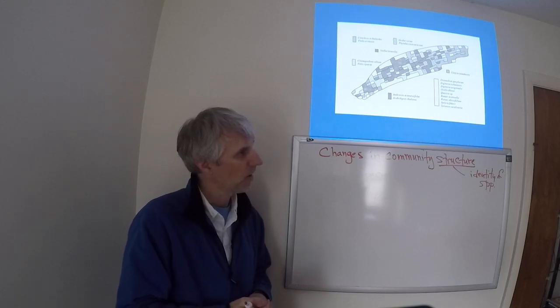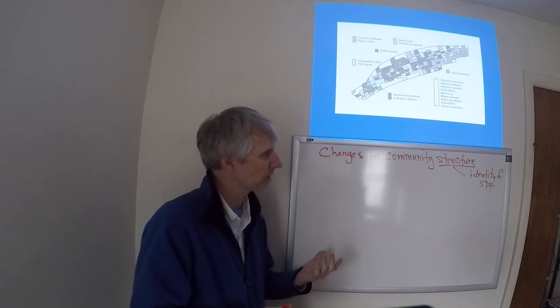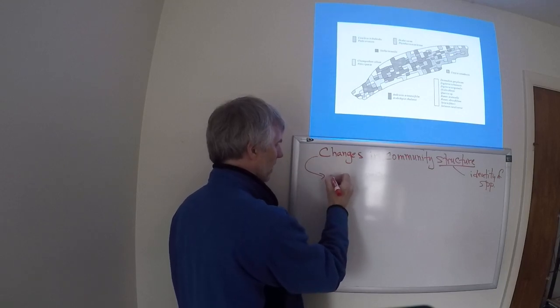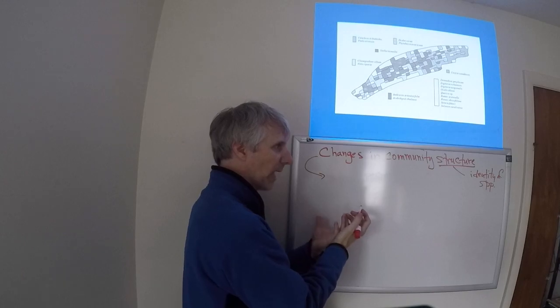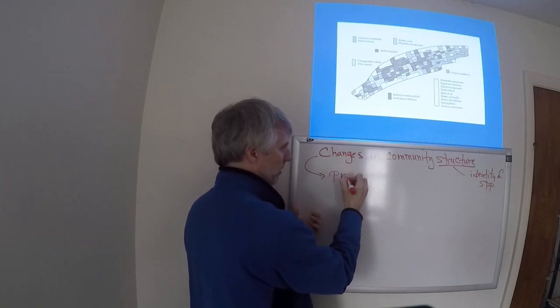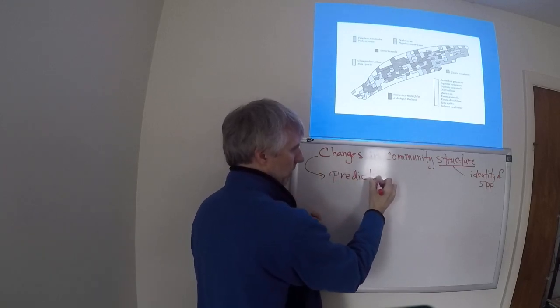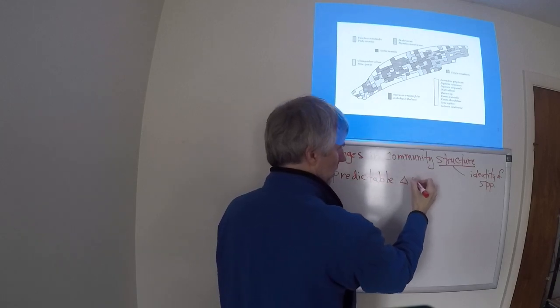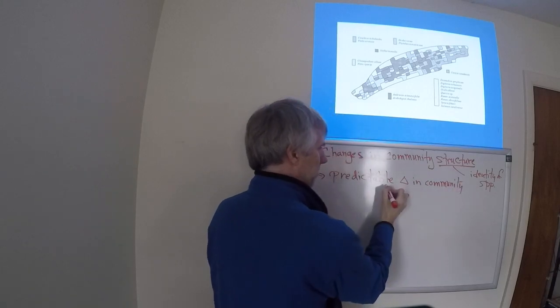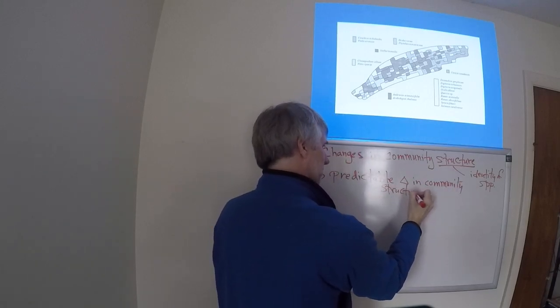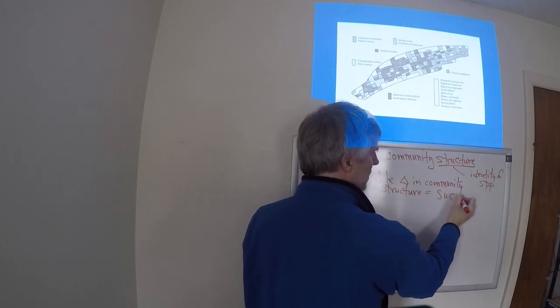Okay? All right, and as we think about these changes in community structure, we're going to call this kind of predictable change in community structure, I'm going to call this succession.